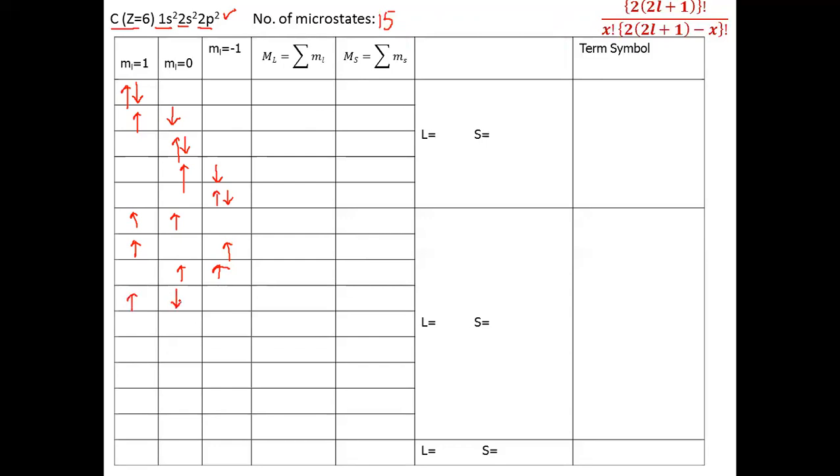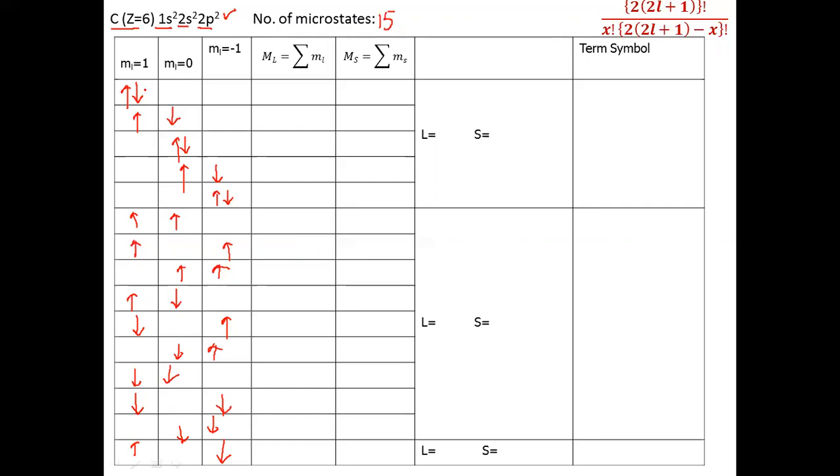Next is this, with down, this up, next is this down, this up, next is both down, next is both down but in two different orbitals, next is again both down here, next is one up, one down. So these are the 15 arrangements I have calculated.